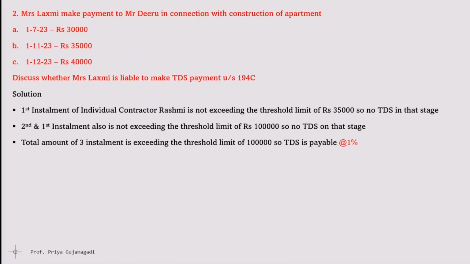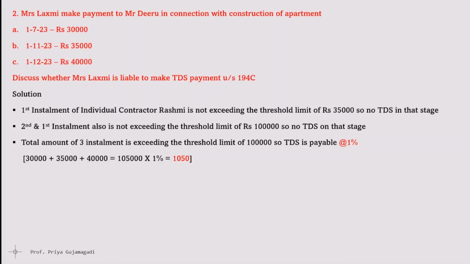Next, we have to total all these three stages: 30,000 plus 35,000 plus 40,000. If that amount is more than 1 lakh rupees, then we have to pay TDS at 1%. So let us see the total of these three amounts. 30,000 plus 35,000 plus 40,000 will be 1 lakh 5,000. So it is more than 1 lakh rupees. So TDS is deductible at 1%.